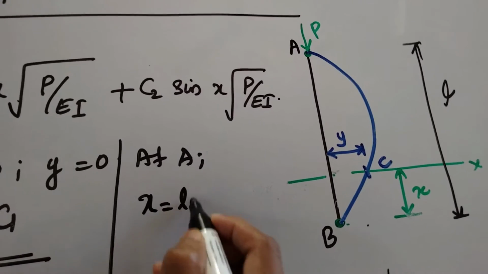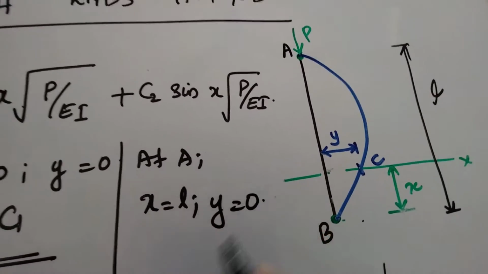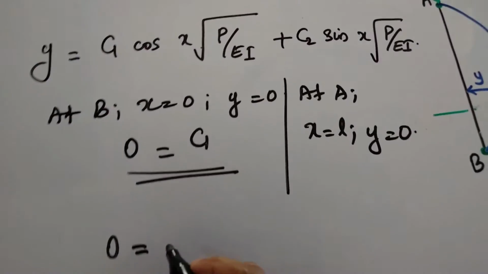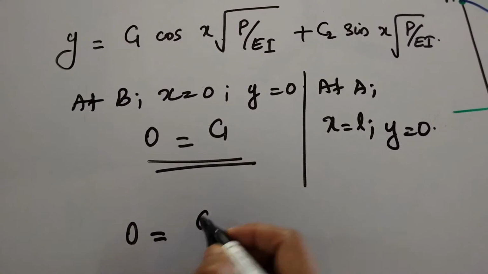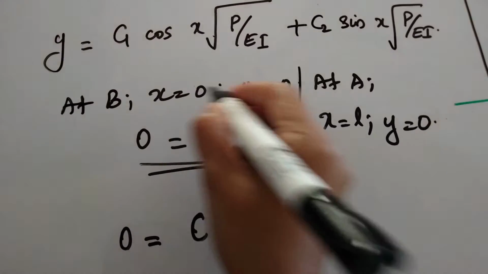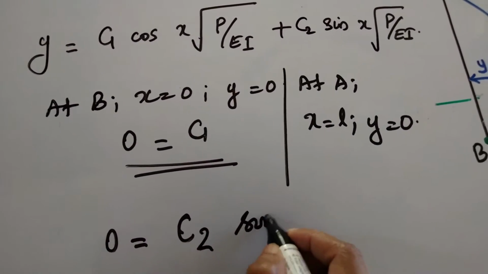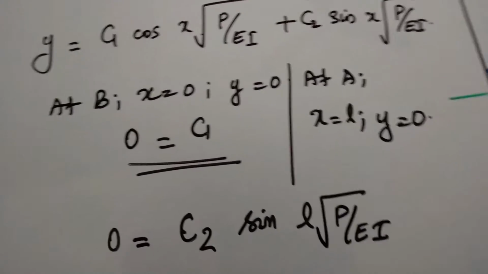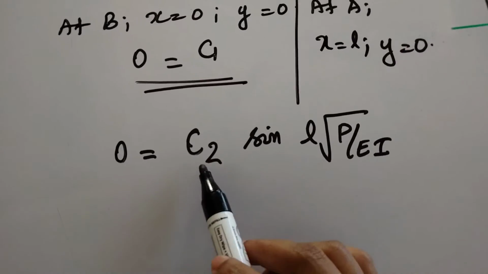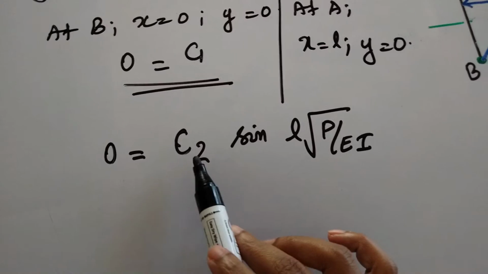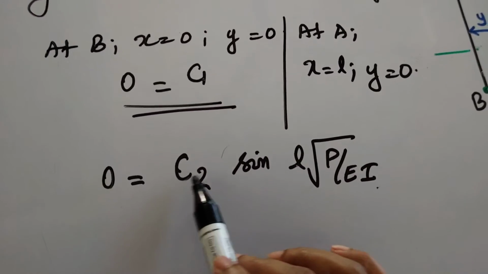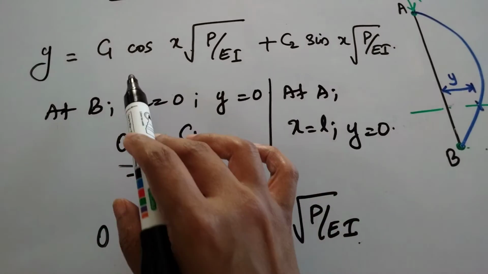Substituting that condition, 0 is equal to c1 into cos, where c1 is 0, so that term is 0, plus c2 into sin of L root of P by EI. In this equation, either c2 can be 0 or this term should be equal to 0. But c2 cannot be 0 because c1 is already 0.